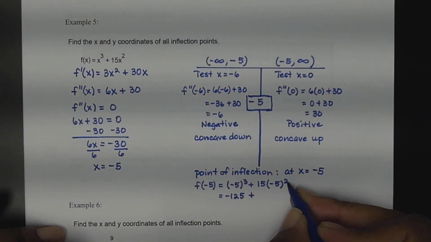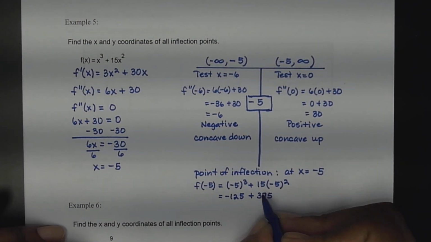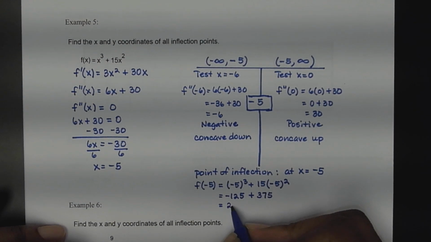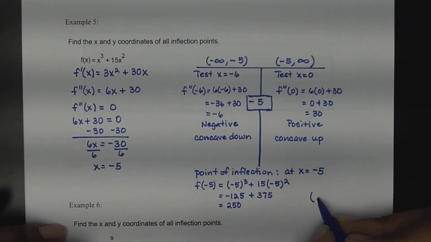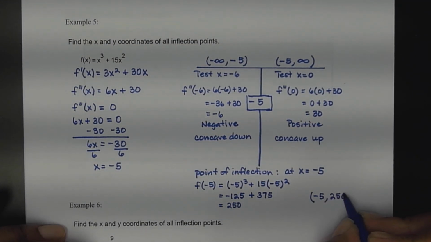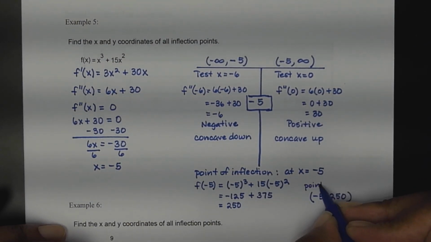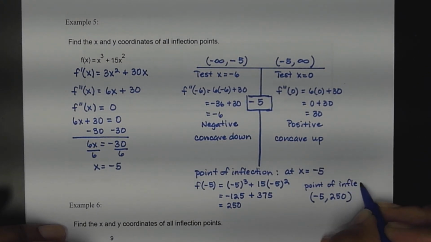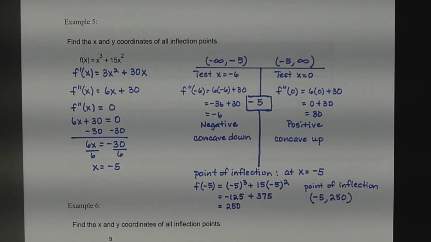Negative 5 squared would be 25, times the 15 in front would be 375. Negative 125 plus 375 will be 250. So the ordered pair negative 5, 250 is our point of inflection. And that is what they were looking for.